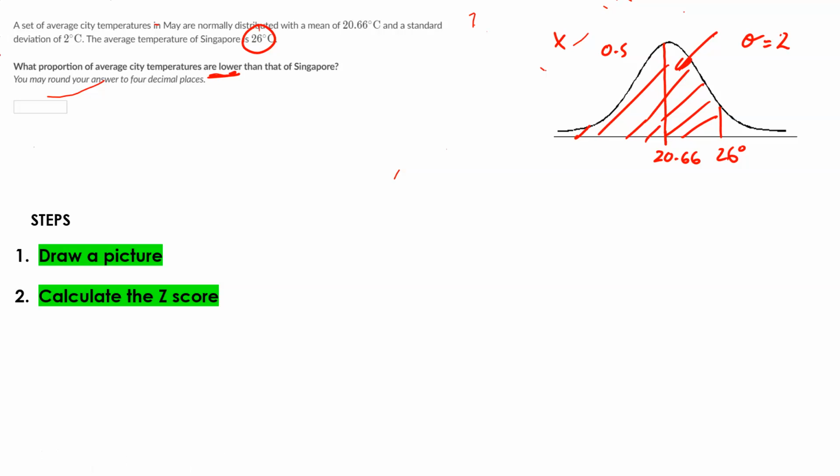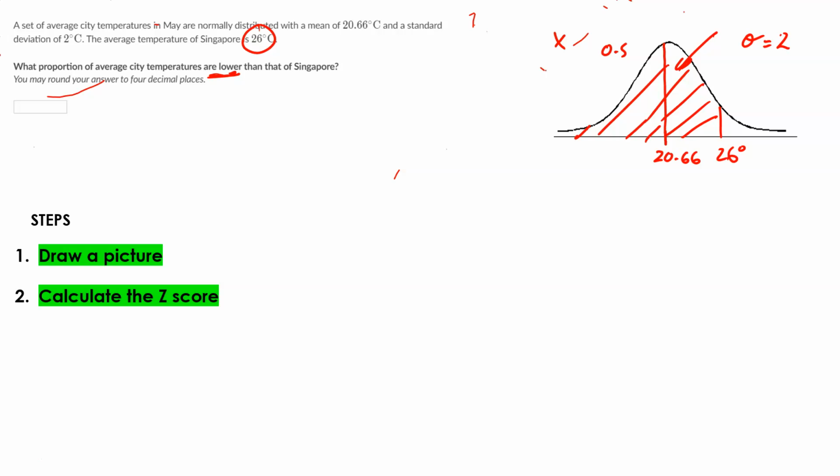Just a little side: with the Khan Academy Z table, you wouldn't have to do that. You would just read off the table, because it measures everything less than that number. It does mean the table tends to be a bit larger, as it includes negative values and things like that. So always refer to our Z table and follow the procedures we've talked about, and it shouldn't be a problem.